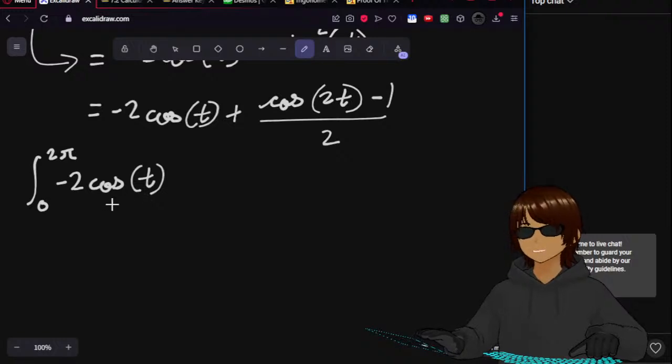So integral of cos is sine, right? I'll bring minus 2 outside.